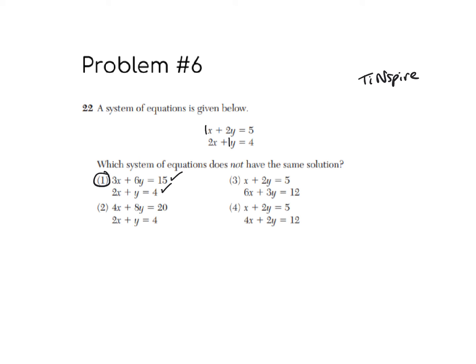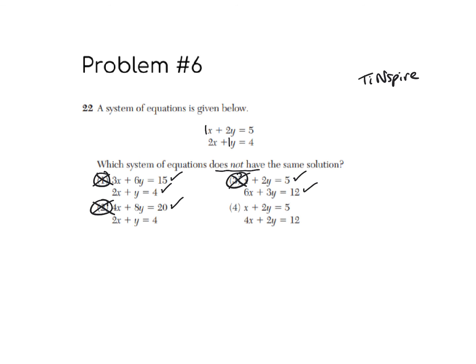So it says which one does not have the same solution. So let's keep going. The first one, they've multiplied by 4, so that is just a multiplication version. And the second one they have not touched, that will have the same solution. I should be putting X's through those. The next one has not been touched, and so that one is just the same. And the bottom one looks like it's 3 times, so this one will have the same solution.